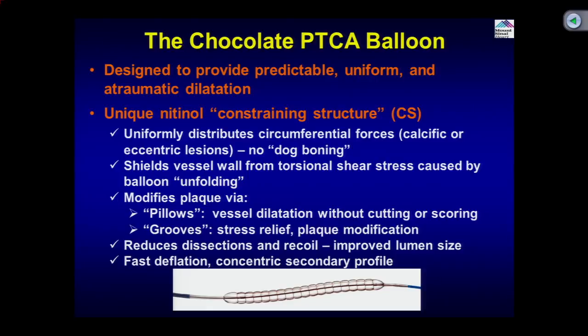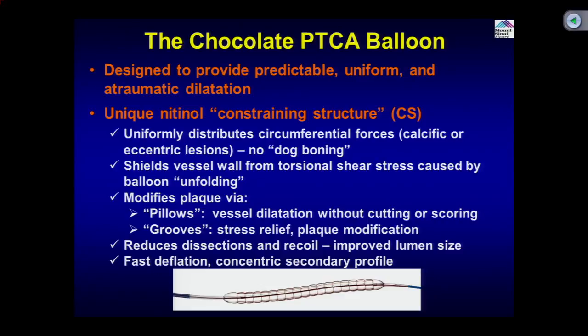So the key is plaque modification, but in a different, very controlled way. Like when we do a cutting balloon, we cut the plaque, or with the AngioSculpt. But here, this nitinol wire will just cut, but then let the plaque move vertically, and that is where it is then opposed to the wall by the balloon.